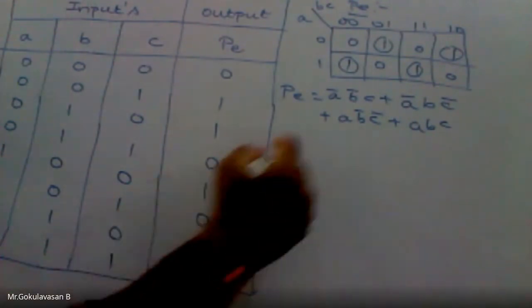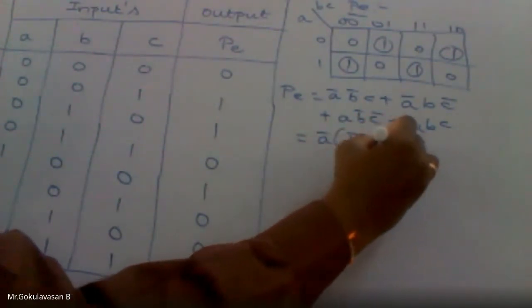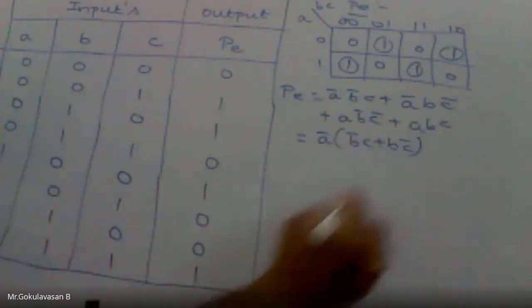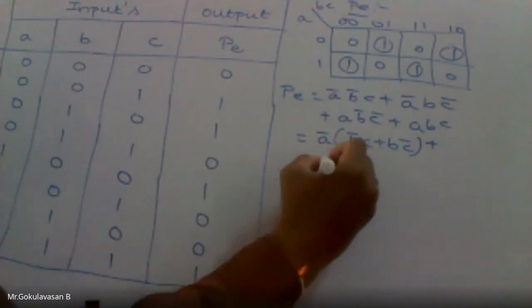Now what can we take common? In the first two terms I will take A bar common. What is remaining? B bar C plus B C bar. From the third and fourth terms I will take A as common. What is remaining?